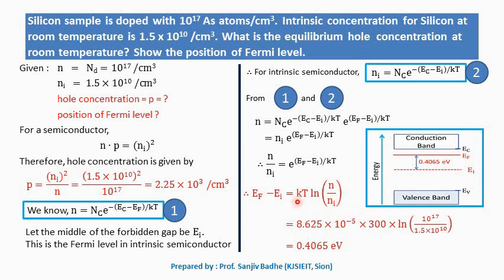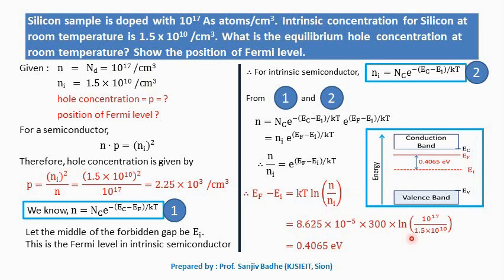k is Boltzmann constant, its value is 8.625 into 10 raised to minus 5 electron volt per degree Kelvin. T is temperature in degree Kelvin, so room temperature is given, so we will put it as 300 degree Kelvin. n is given to us, concentration of electrons in this n-type semiconductor, that is 10 raised to 17.